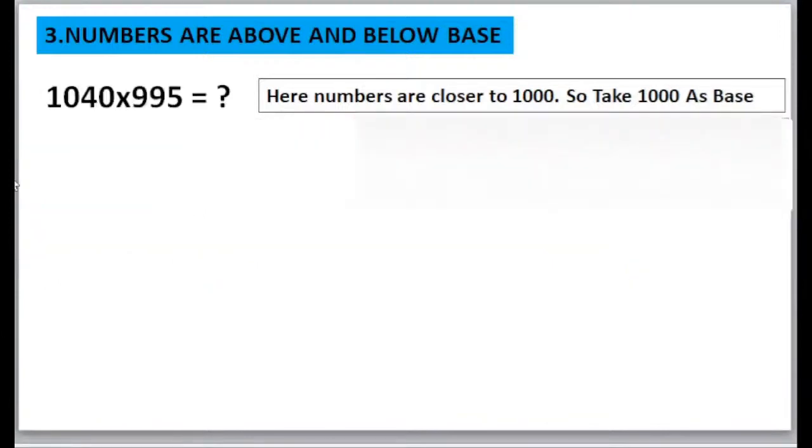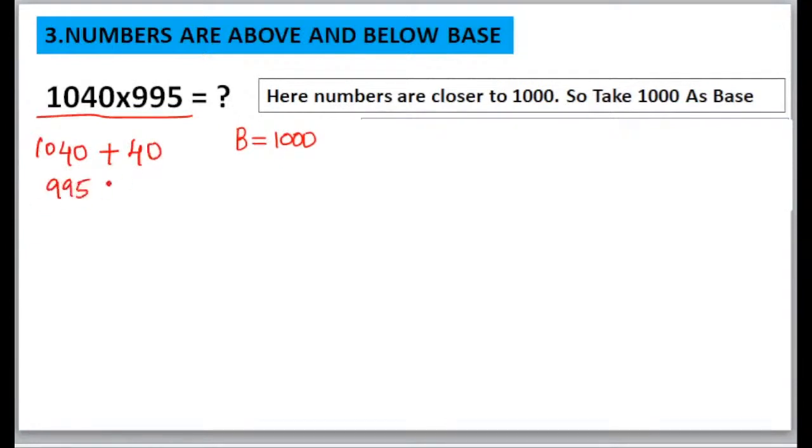So next is 1040 into 995. Here both the numbers are nearer to 1000. So our base is 1000. And 1040 is 40 greater than 1000 and 995 is 5 less than 1000.